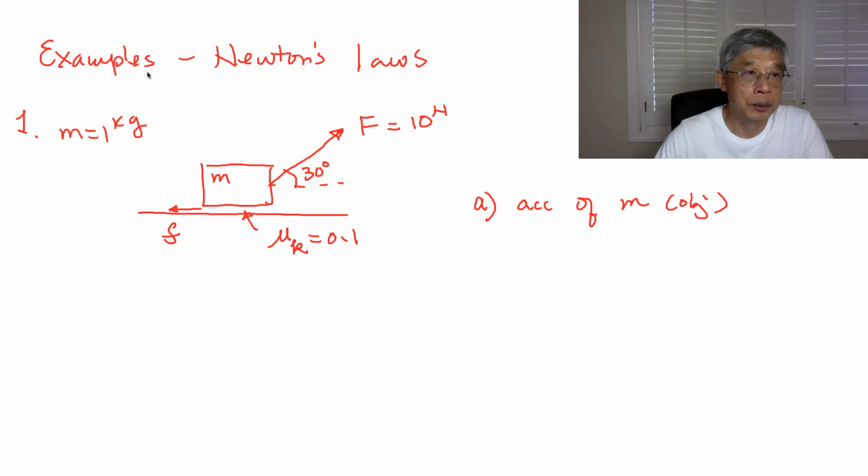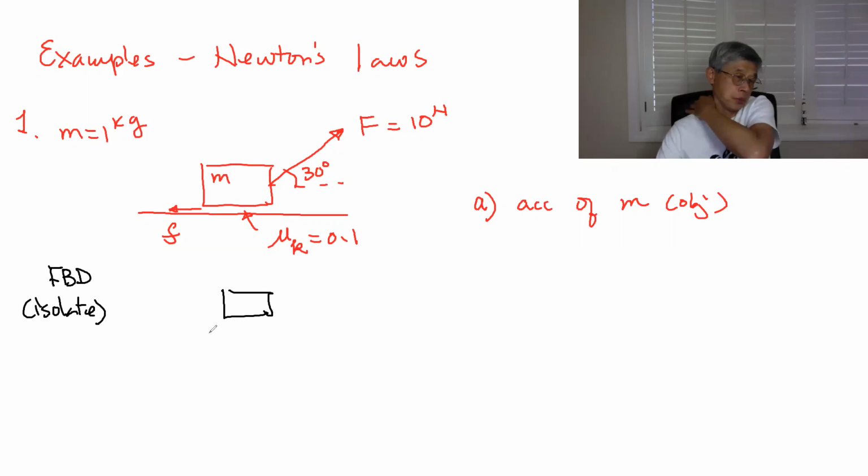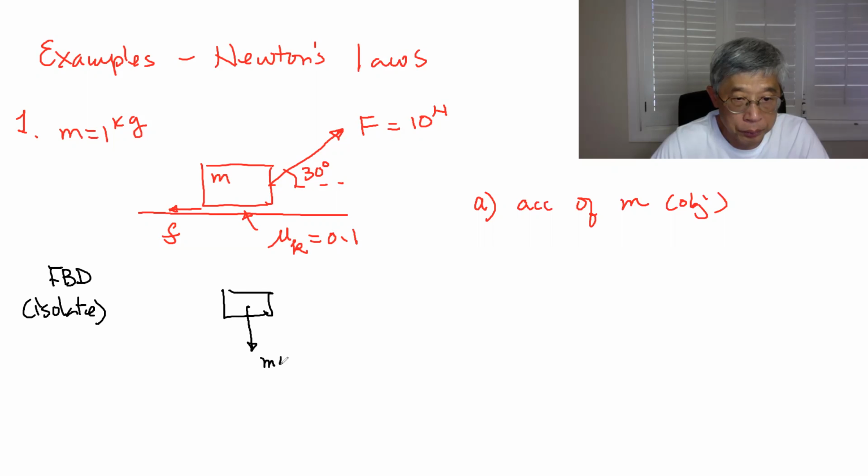Changing color here. All right, so I'm going to do a free body diagram for this object. A free body diagram is to isolate the system, isolate the object. So we have mg, as you can tell.